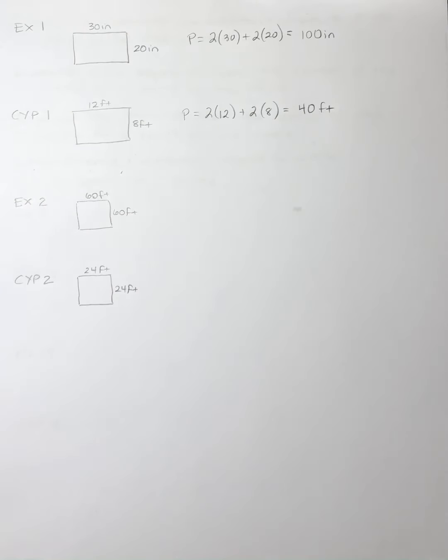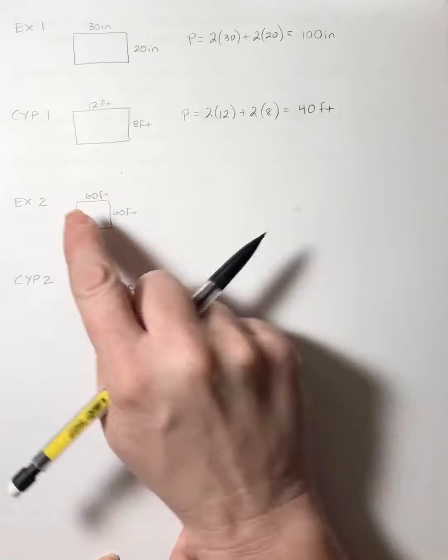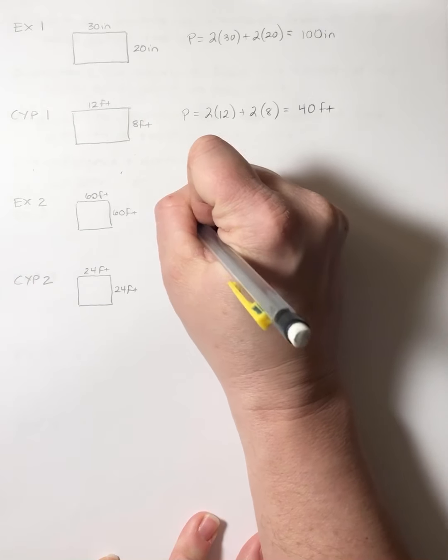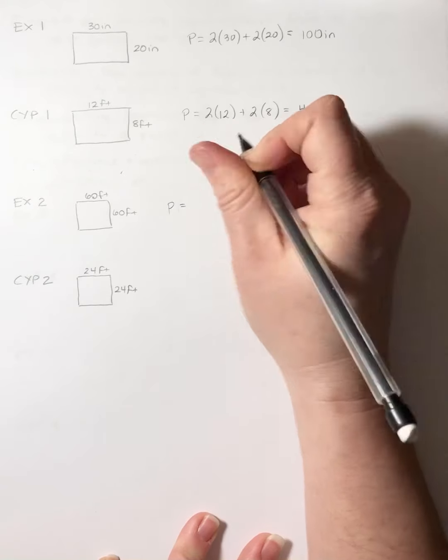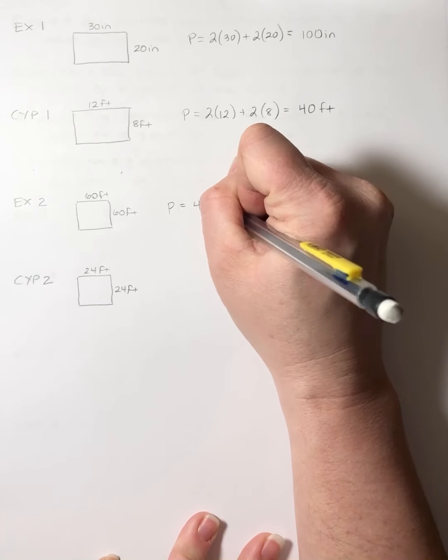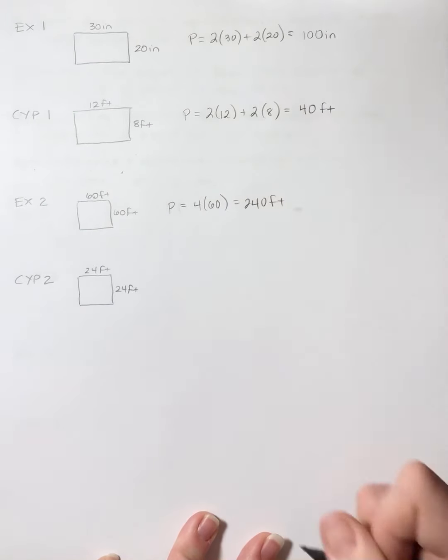Example 2, it's on page 380. Find the length of fencing needed to surround a square corral that measures 60 feet on each side. So I can take 60 plus 60 plus 60 plus 60, or I can just take 4 times 60 and get 240 feet of fencing.